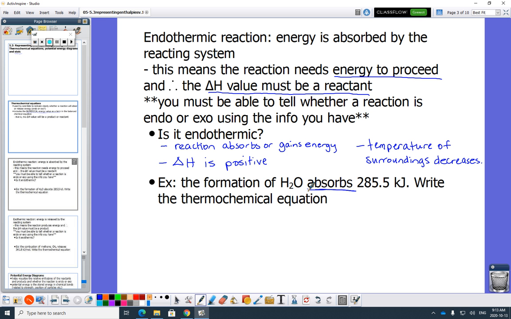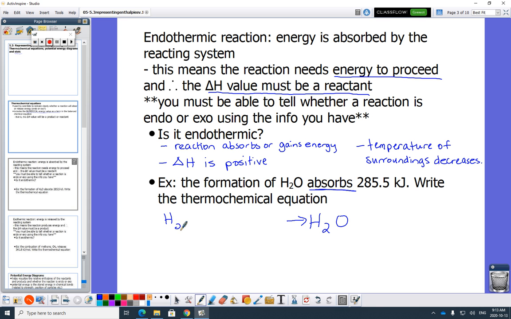Whenever you write a thermochemical reaction, hopefully it goes without saying that it has to be balanced. We would never write a reaction that isn't balanced, right? So we are going to form water. And again, we're going to write a whole bunch of formation equations, but logically, if you're going to form water, what does it form from?